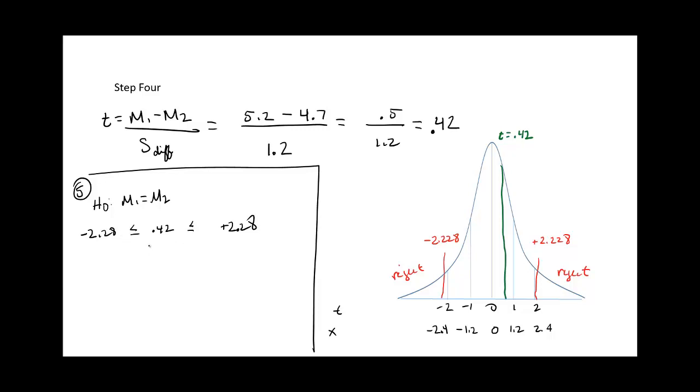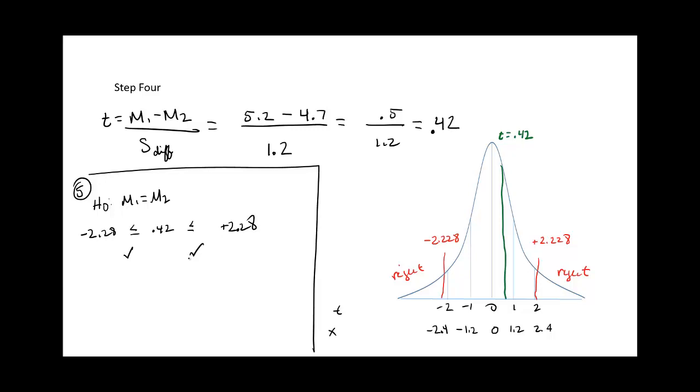So let's find out. Is negative 2.28 less than or equal to 0.42? Well, the answer to that is yes. So this side of the equation supports the null hypothesis. The second half: is 0.42 less than or equal to positive 2.28? The answer to that question is yes.